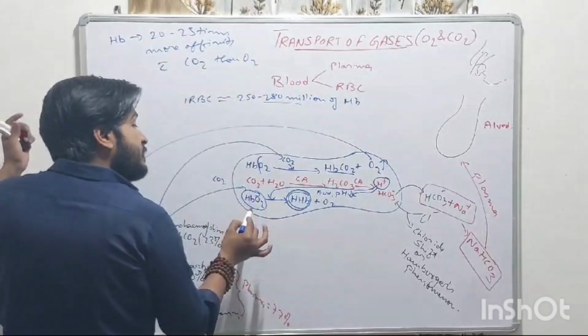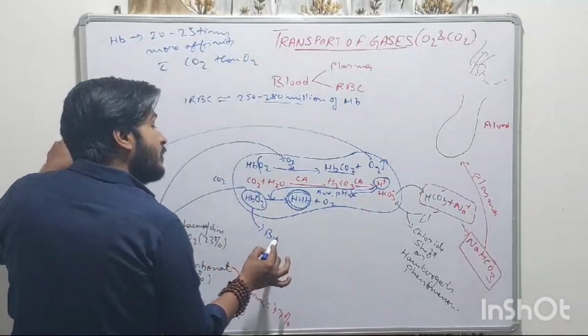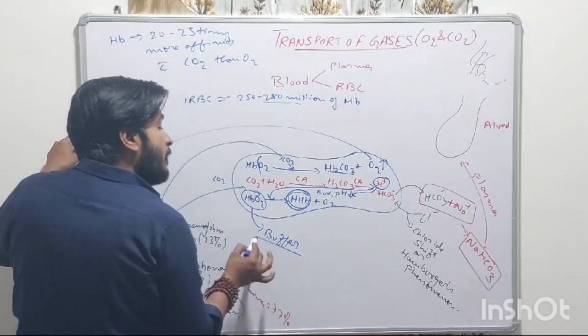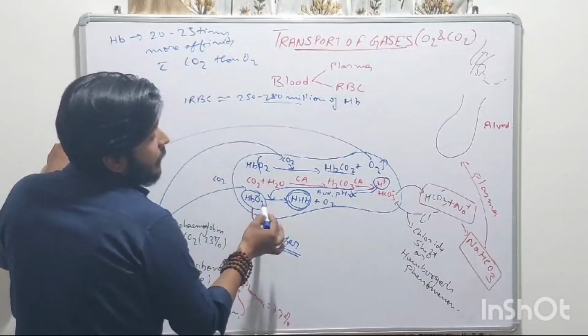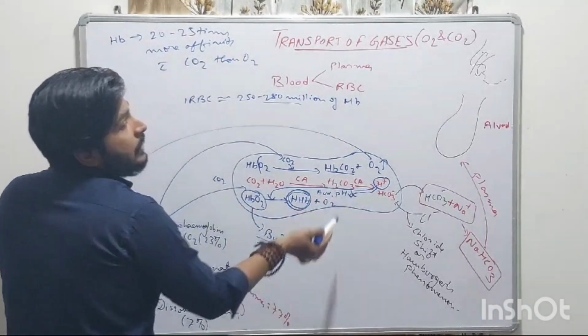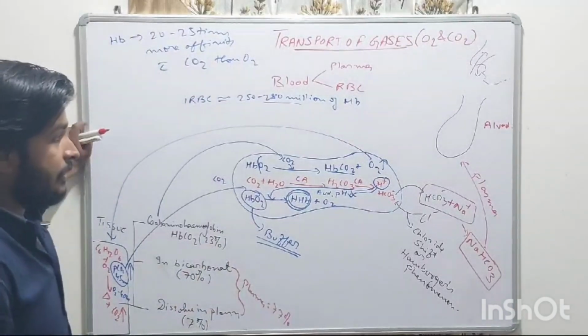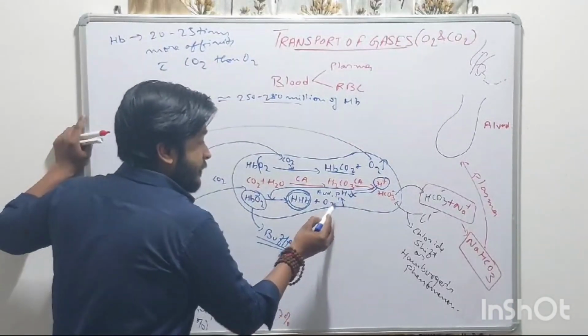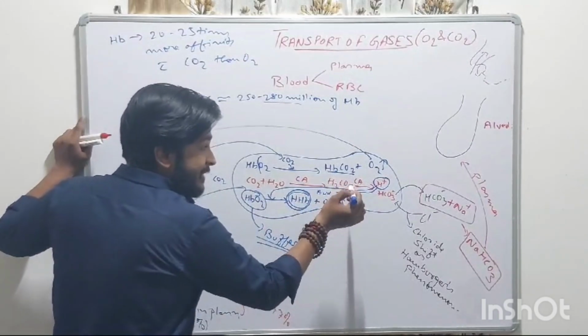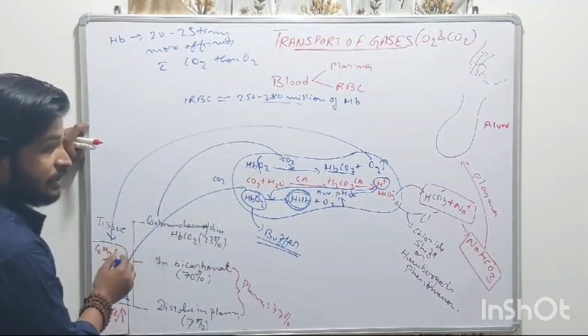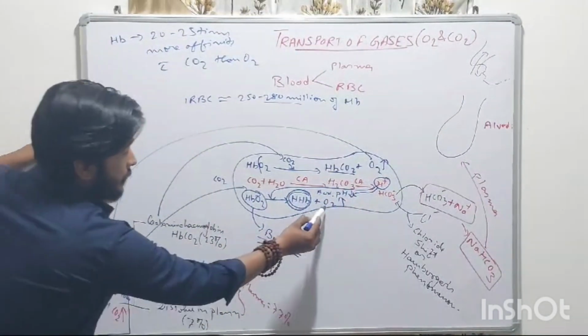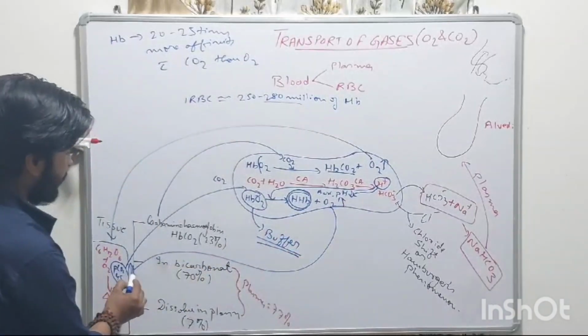That means the HbO2 is playing the role of a buffer, not allowing the hydrogen ion to create an acidic medium in the RBC. That's okay. Oxygen is again released. The problem of one is creating a beneficiary situation for the other.